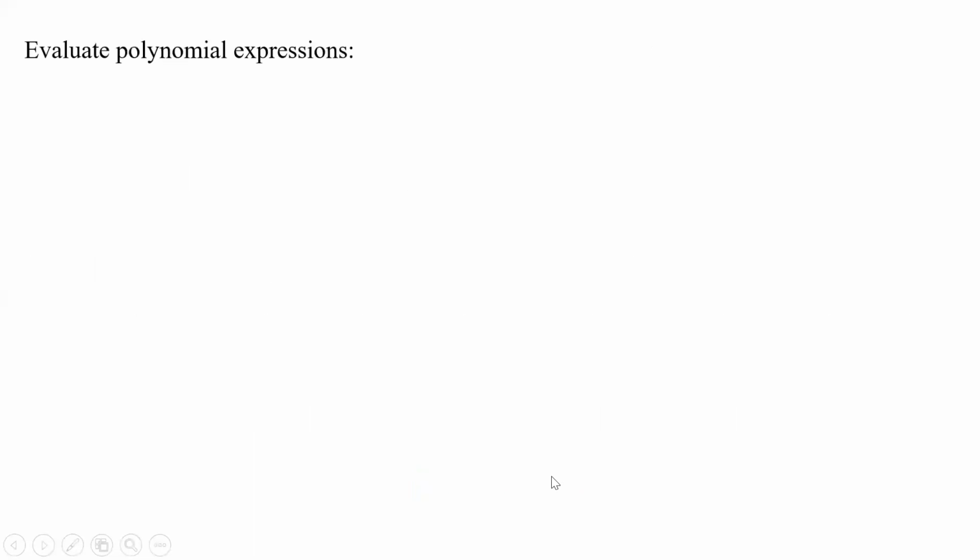Now what we can do is evaluate polynomials. To evaluate polynomials, we're going to start by being given some kind of polynomial. Maybe we have, say, n squared plus 3n minus 11, and then they say where n is equal to, say, -6.